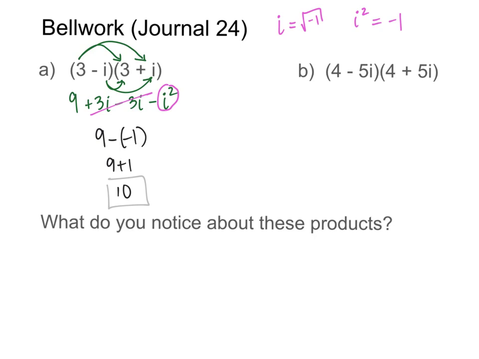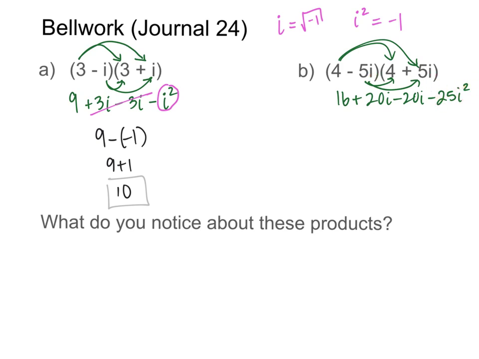So here I go again. 4 times 4 gives me 16. 4 times 5i gives me 20i. -5i times 4 gives me -20i. And -5i times 5i gives me -25i squared, because -5 times +5 is -25. i times i gives you i squared.